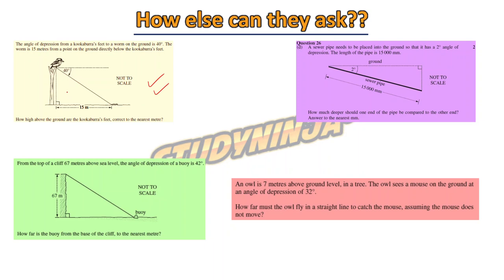So in this case, you were supposed to use tan and you were supposed to calculate, I think it was this length, but they could have easily asked you to calculate this length as well. Or they could have given you this height and asked you to calculate this angle, or asked you to calculate the angle of depression.